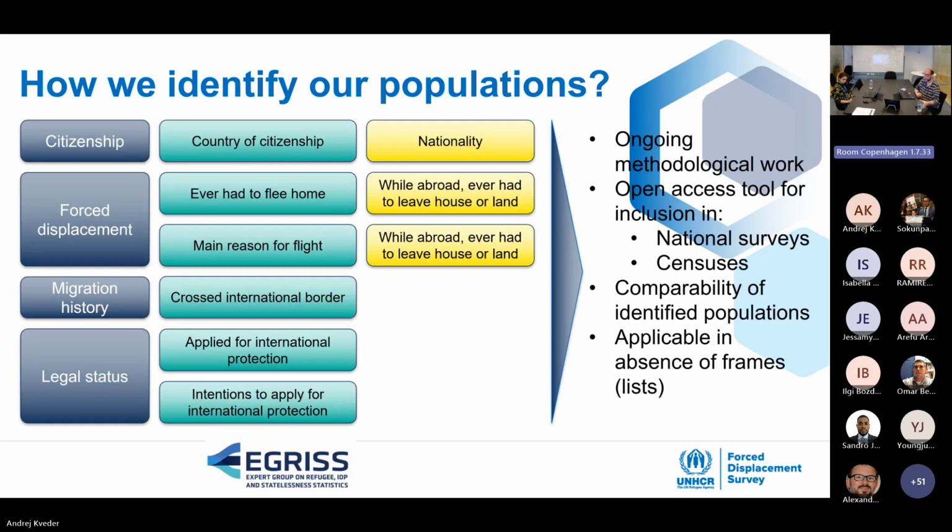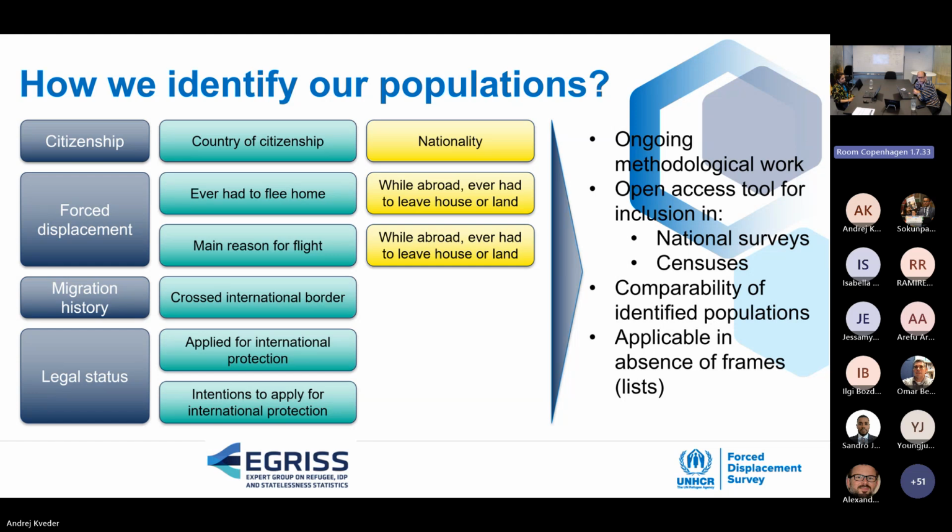So the first step when we are talking about sampling is that we need to understand identification. This is also where a lot of current methodological work is ongoing, in collaboration with the EGRIS Secretariat. EGRIS has first published the methodological paper on identification, which is now being revised.